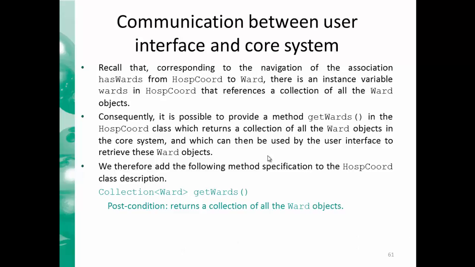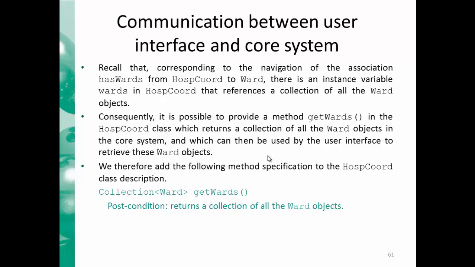If you recall that corresponding to the navigation of the association has wards from the hospital core class to the ward class, there's an instance variable wards in the hospital core that references a collection of all ward objects.